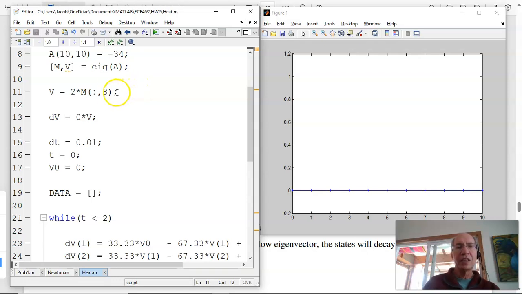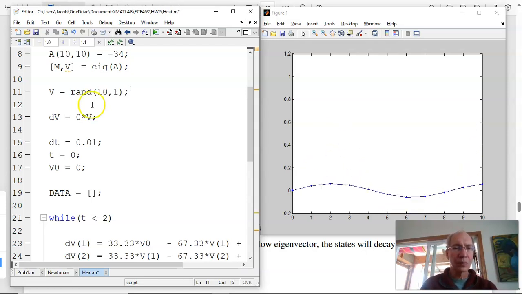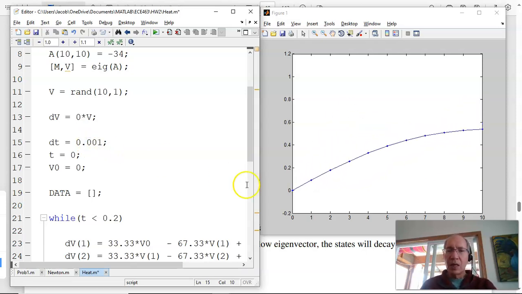What happens if the initial condition is random? Well, let's try it. Here's a random initial condition. Slow it down a little bit. I've got this shape.